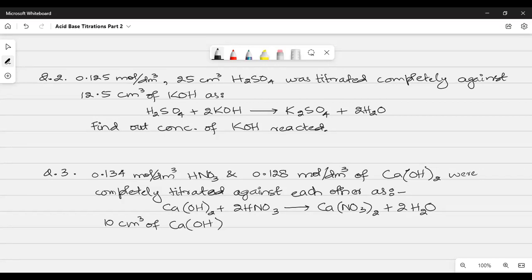So 10 cubic centimeter of Ca(OH)2 was used. Find out the volume, and I'm going to specify in cubic centimeters, of HNO3 used. Now this time, instead of finding the concentration in the third part for this question, you are going to find out the volume.